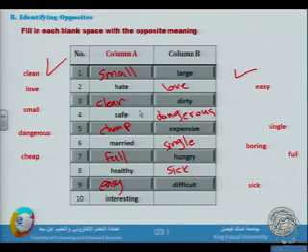Interesting means engaging, the opposite is boring. Also memorize all these vocabularies. A word and its opposite may also come in the exam, but in the reverse form. I ask you what is the opposite of small, and you tell me large. So use them and understand the meaning of these words and the opposite meaning.